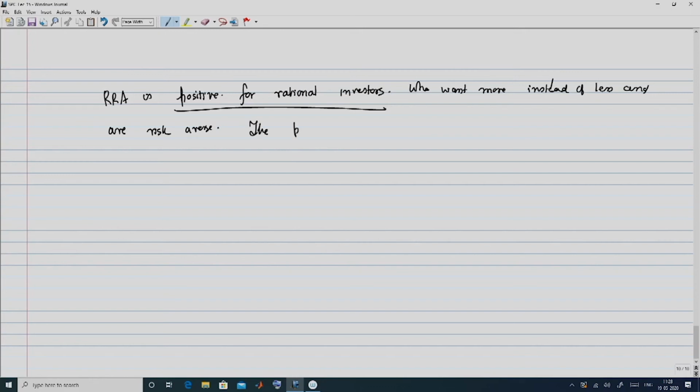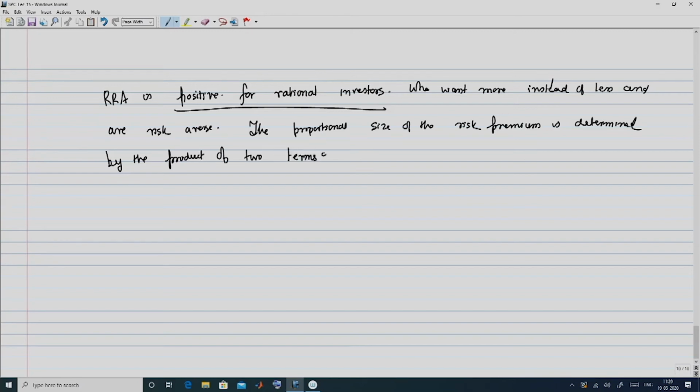So, we can say that the proportional size of the risk premium, that means P, is determined by the product of two terms.